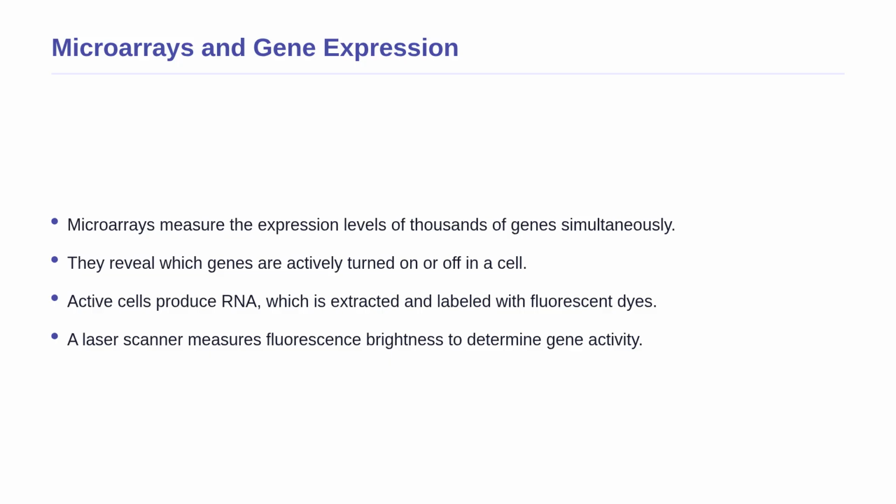A DNA microarray is like a giant switchboard. It is a chip printed with thousands of microscopic spots, each representing a single gene. When a cell is active, it produces RNA. We extract this RNA, label it with fluorescent dyes, and wash it over the chip. A laser scanner measures the brightness to determine how active each gene is.